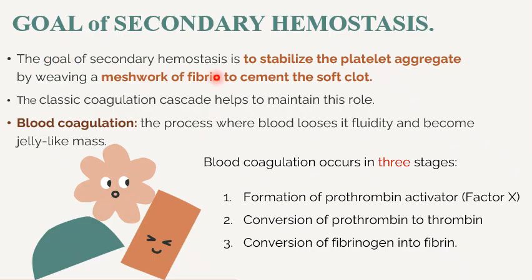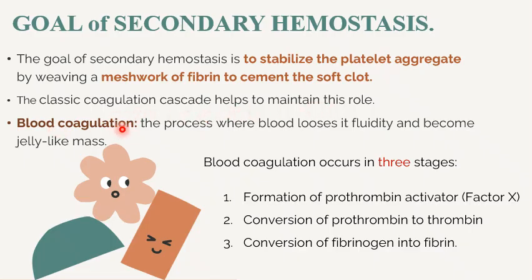The goal of secondary hemostasis is to stabilize the platelet aggregate by weaving a mesh of fibrin to cement the soft clot. The classic coagulation cascade helped to maintain this role.